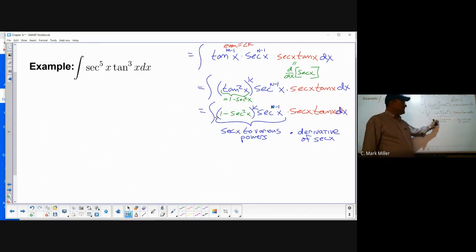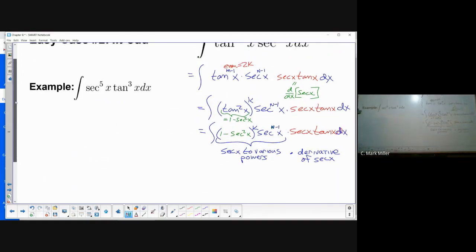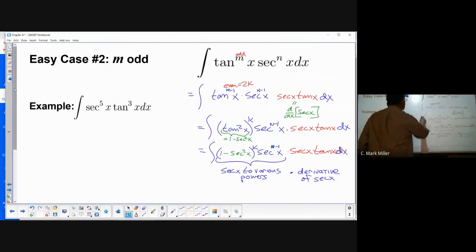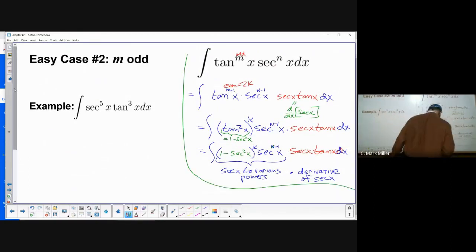So I have secants to powers times their derivatives. Trig function to a power times its derivative. All right. What do we do here? Just what we said over there.